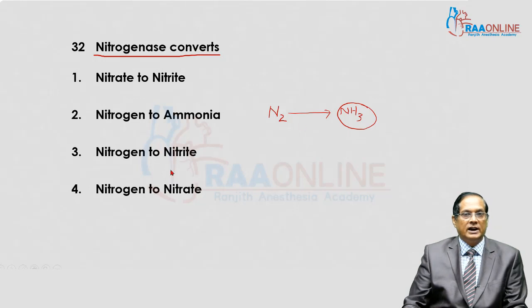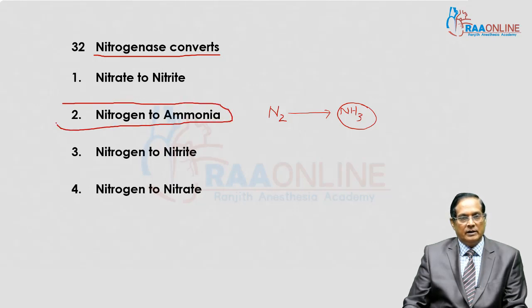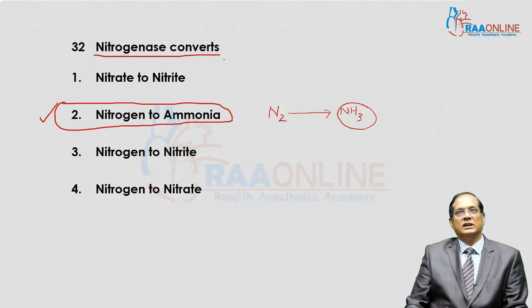This is the role of nitrogenase enzyme in plant, that is conversion of atmospheric nitrogen into ammonia. This is seen in the NCERT section while studying nitrogen metabolism. Thank you.